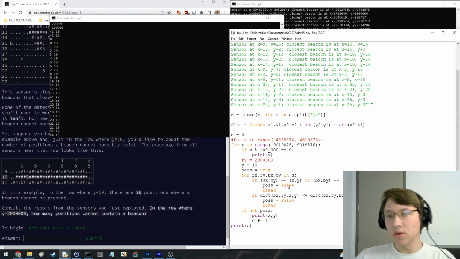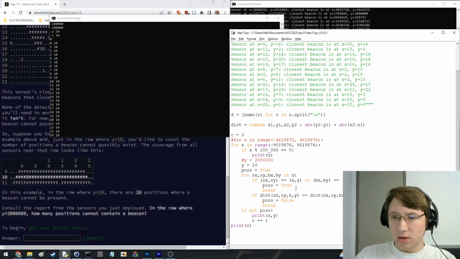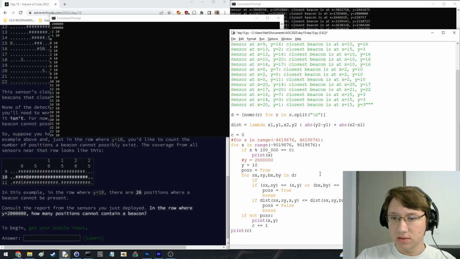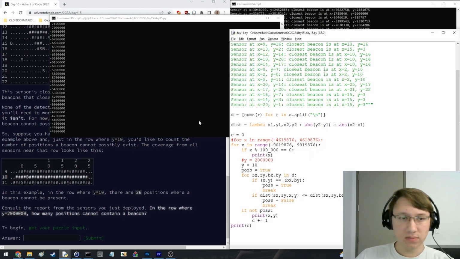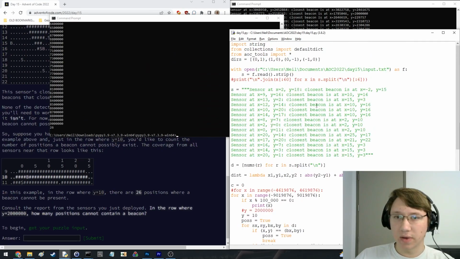Oh. Okay. Where it cannot be present. Sorry, if there's a sensor there, it's false. Wait, hang on. If x and y is the beacon location, then there definitely can be one there. So we just do this. I think this is right.